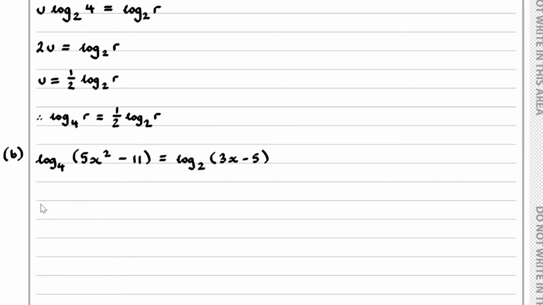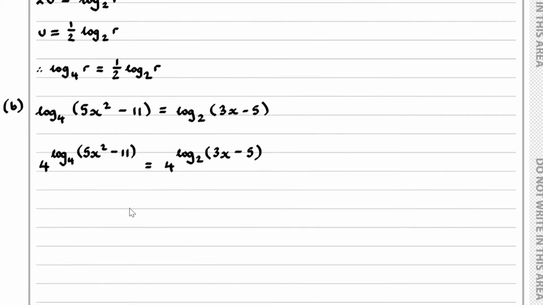And if we anti-log both sides, on the left hand side we have 4 to the power of log base 4 of 5x squared minus 11, and on the right hand side we have 4 to the power of log base 2 of 3x minus 5.